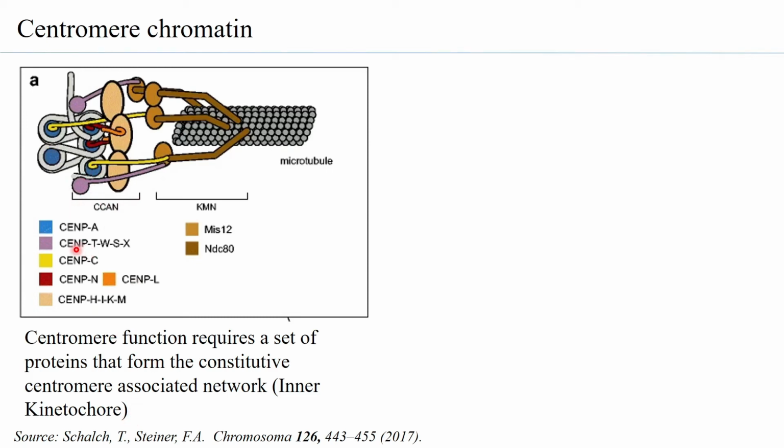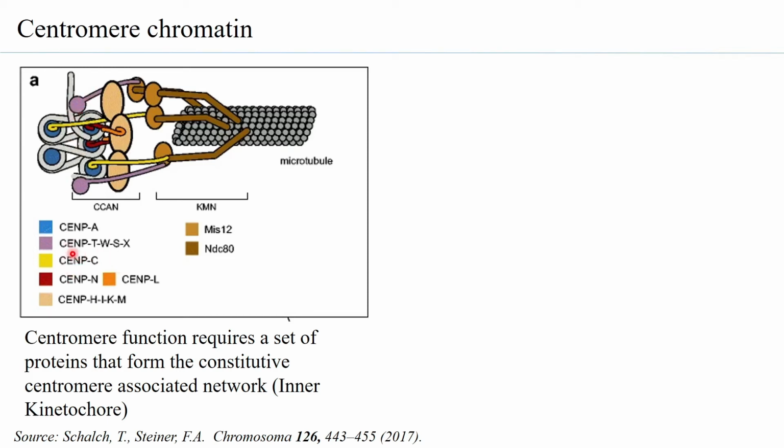There's another protein complex, actually, it's a tetramer. SENP-TWSX, this tetramer complex does not bind to the SENPA, but instead it binds to the DNA directly, and interestingly, the DNA wraps around the SENP-TWSX, about 100 base pairs of DNA wraps around it.